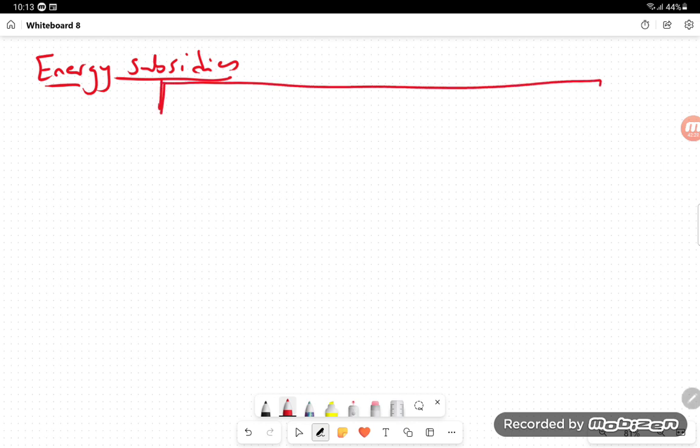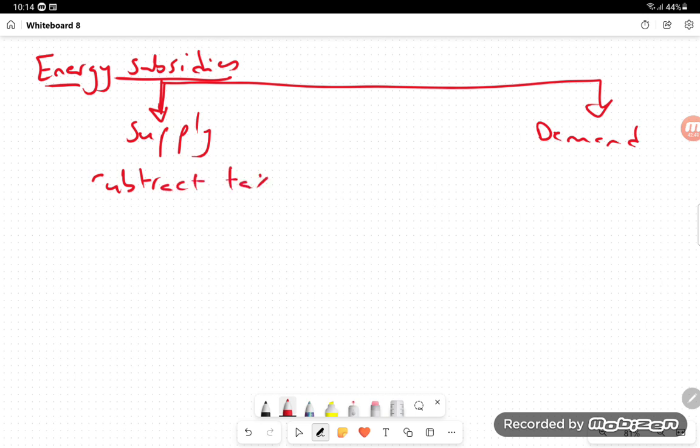So you can subtract the subsidy from the supply side.